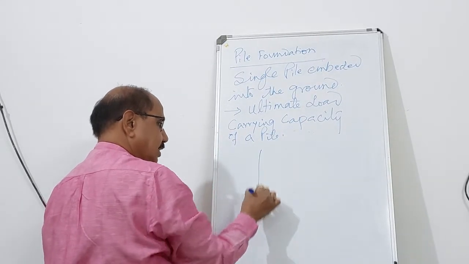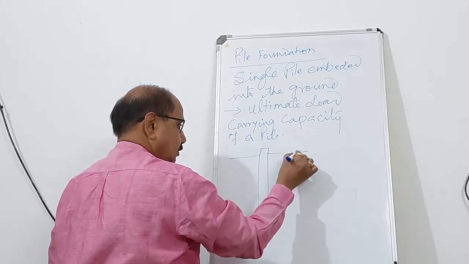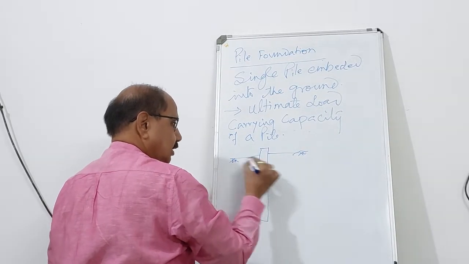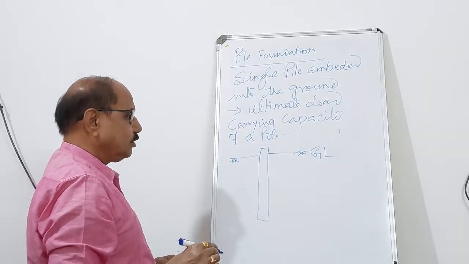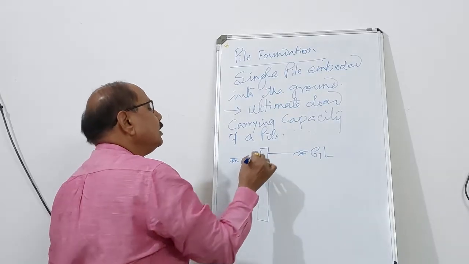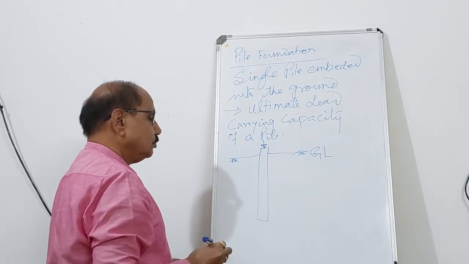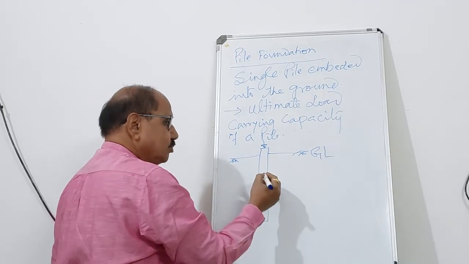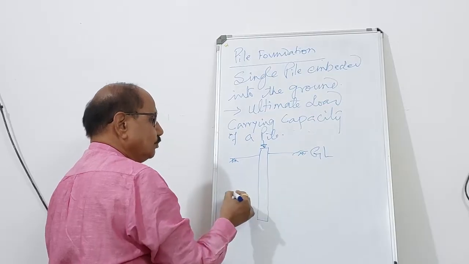So if we consider a pile like this, embedded below the ground level into the ground, and if you apply a load at the pile top, the whole resistance will be offered by the soil mass around the pile.